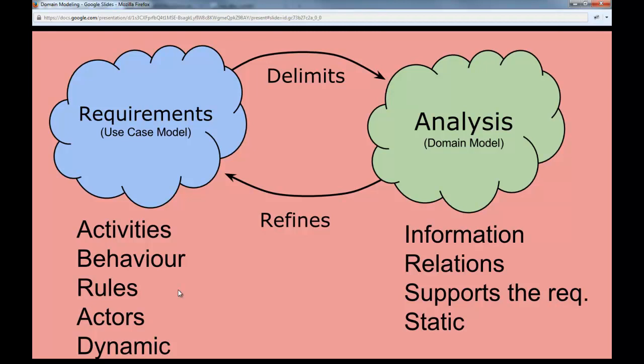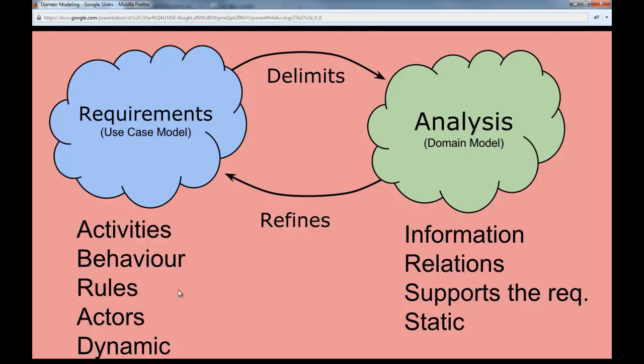And this is kind of important, that the analysis model supports the requirements. And this is something that you can use in your workshop. Make sure your analysis model supports the requirements, so that the information that is needed to fulfill the requirement is present, and that the relations needed between the concepts is present.